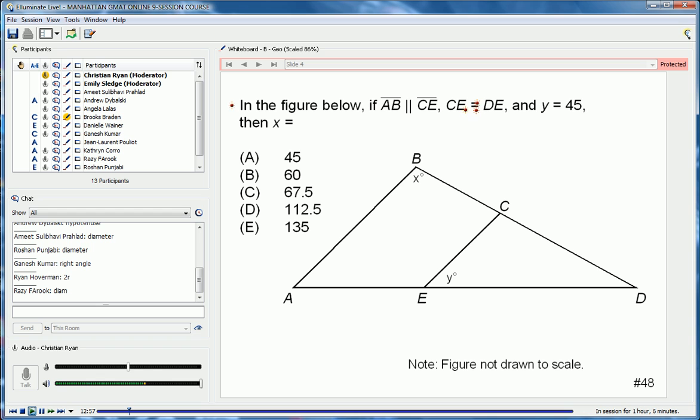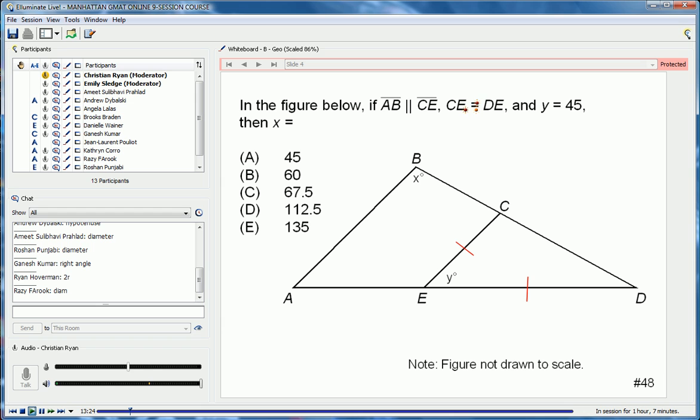All right. I think, Brooks, you put laser pointer on CE equals DE. Do you want to jump on and tell us how we'll put that into our diagram rather than just copy it down? What I did is I just drew a line through the middle of CE and DE, just one slash mark through there to show that they were equal.